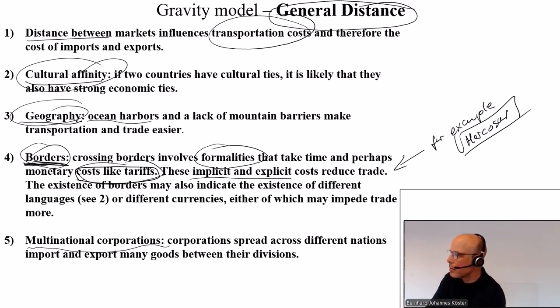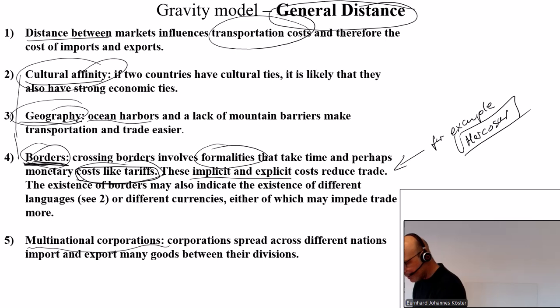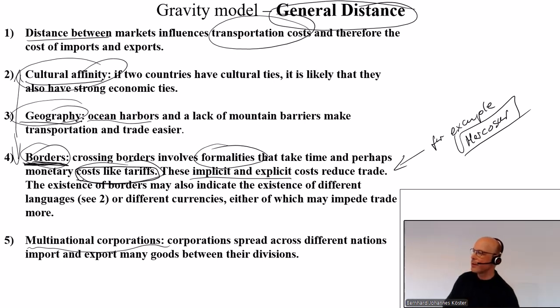And there you have a coincidence of these two dimensions. We can also say, well, borders, language borders, so to speak. There we also find a dependence of the trade volumes.